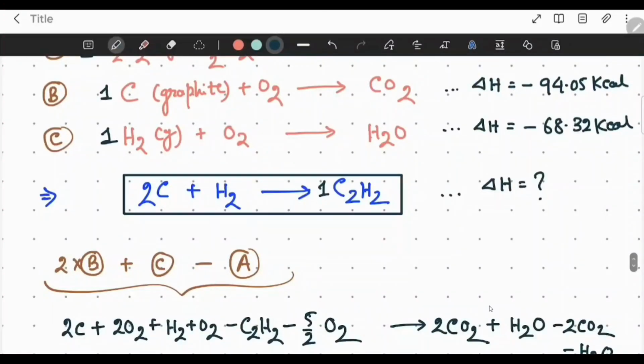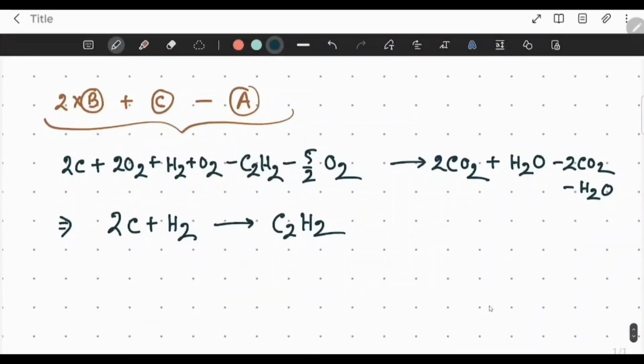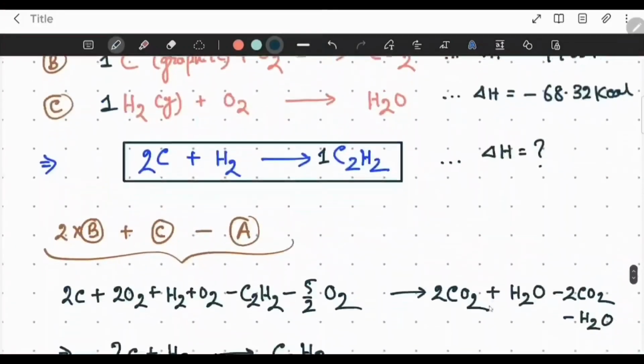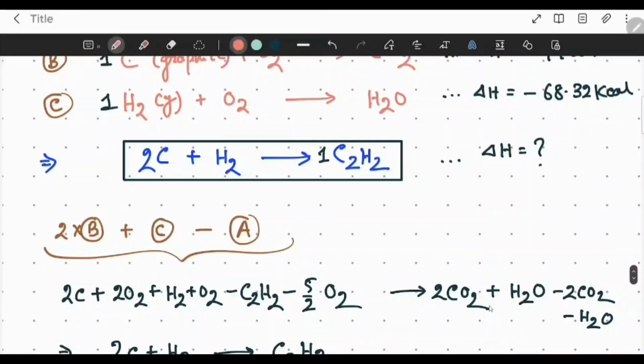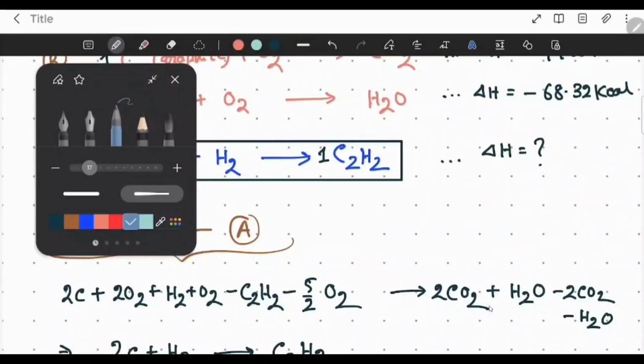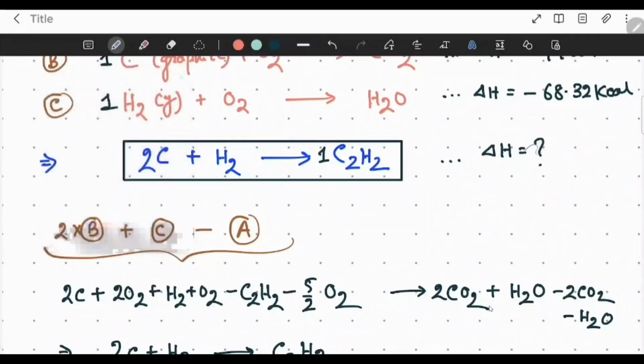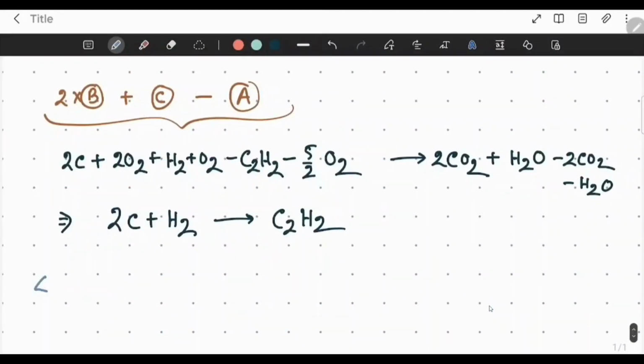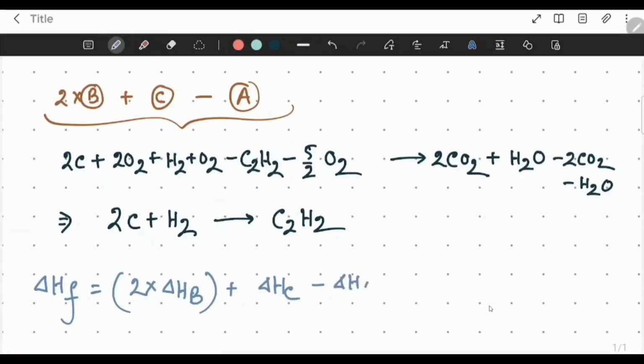So just to find out the del H for formation, del HF. What will be del HF? Del HF will be 2 into del HB plus del HC minus del HA.